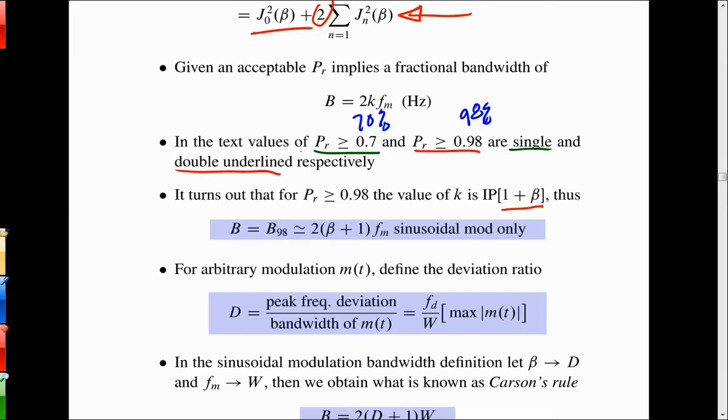So for sinusoidal FM, the bandwidth is approximately 2 times the quantity beta plus 1 times FM. That's the bandwidth occupied by the signal that gives you 98% of the contained power.